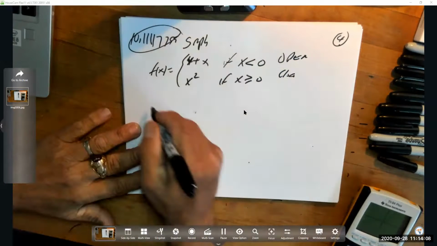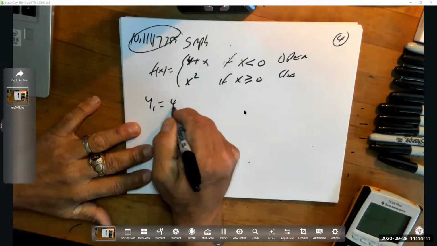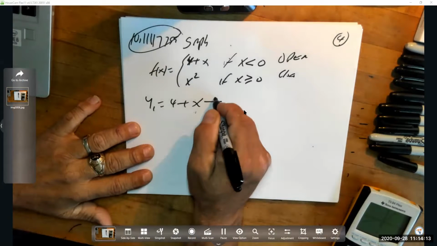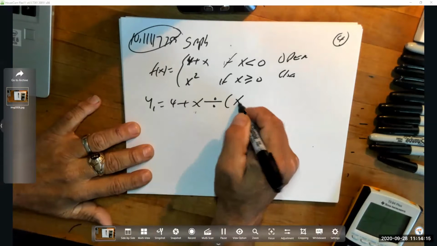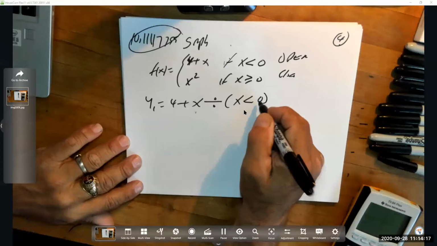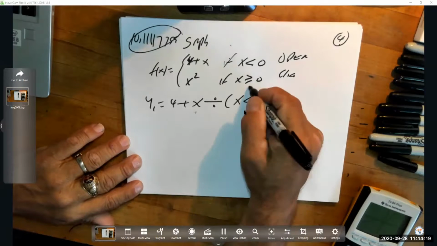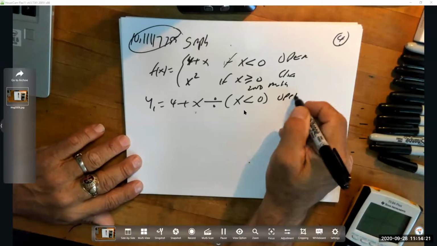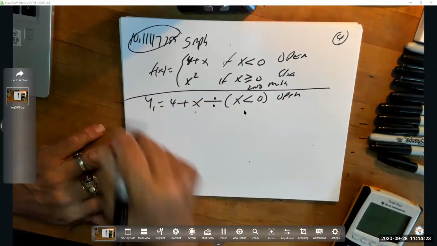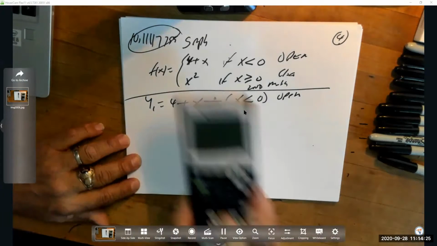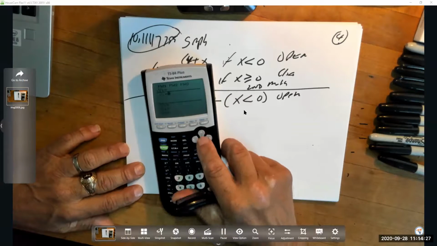So y1, it goes like this, 4 plus x, division symbol, x is less than 0. And how do you do that? Just go second math. Okay, this is open, and I'll do this right now. Okay, so I'm gonna go y, clear it, back up.